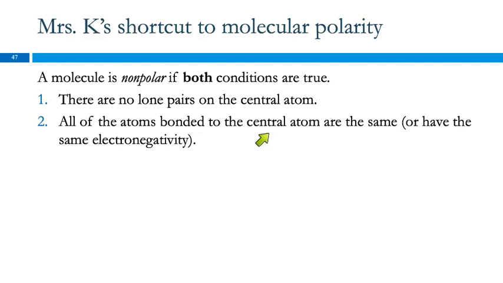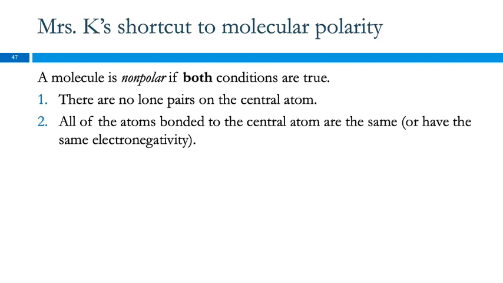The same atoms or the same electronegativity is important because that's going to determine the magnitude of the vectors. So when number 2 is true, that means all the vectors have the same magnitude. Number 1 is important because if you have lone pairs on the central atom, that's where things are going to be asymmetrical.